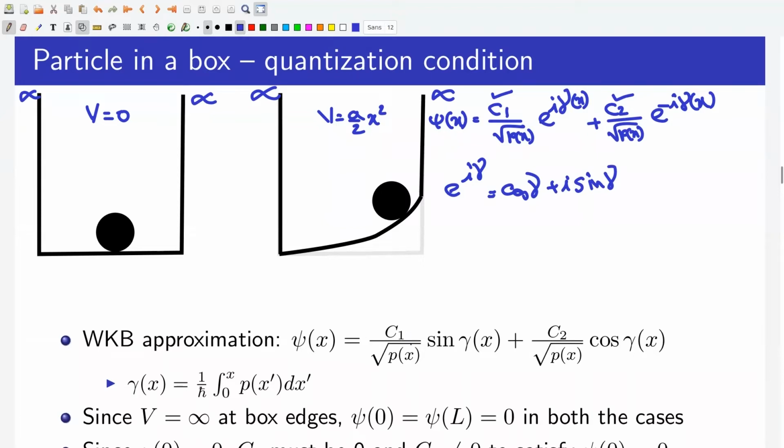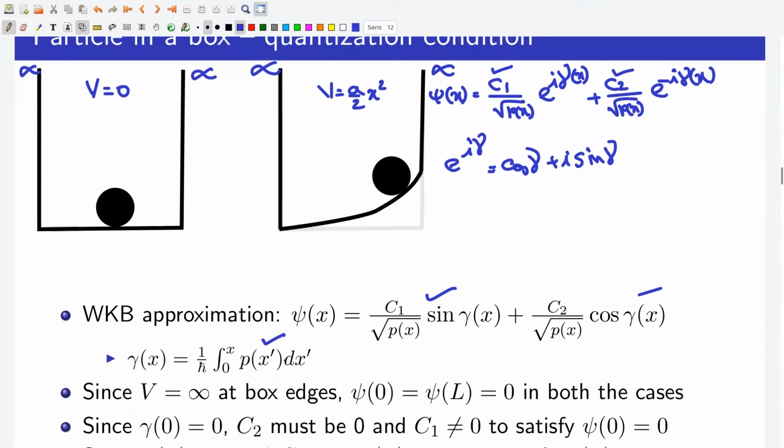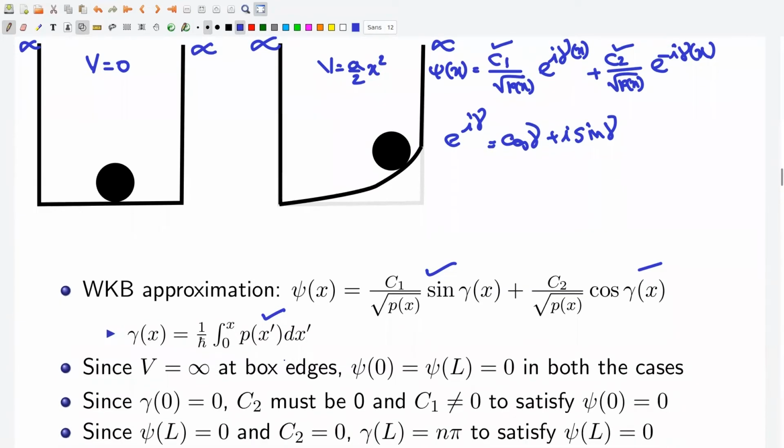Psi of x is equal to C1 divided by square root of p of x times sin gamma of x plus C2 divided by square root of p of x times cos gamma of x, where gamma of x can be calculated by calculating this integral. Since V is equal to infinity at the box edges, psi of 0 and psi of L should be equal to 0 in both the cases.